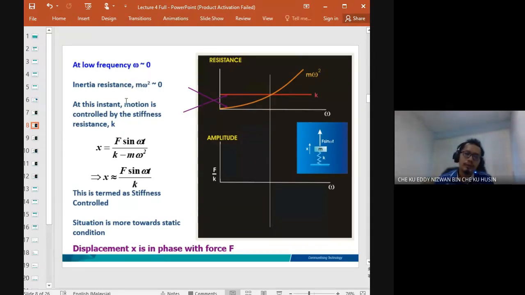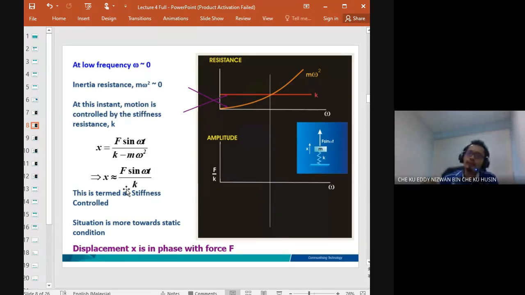For this instant, the displacement of the mass depends on the stiffness, so X equals F over K times sine omega t. This is almost equivalent to the static condition.